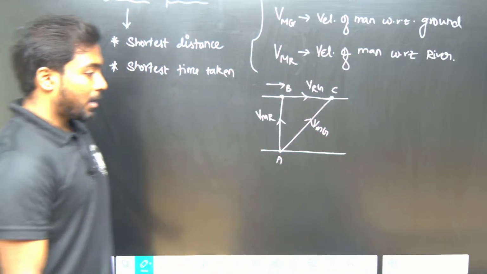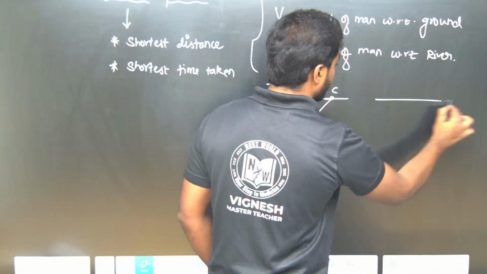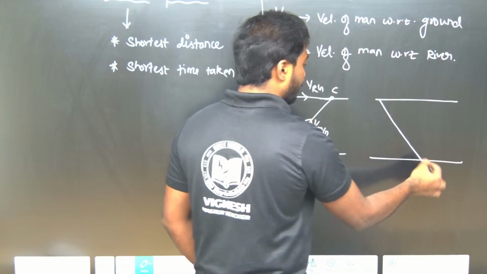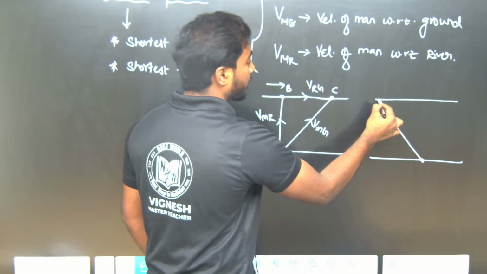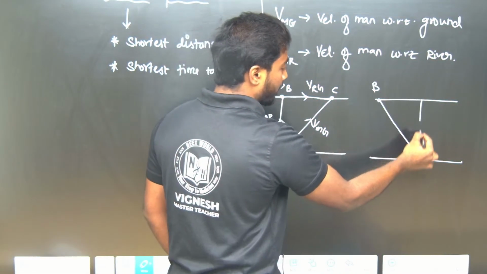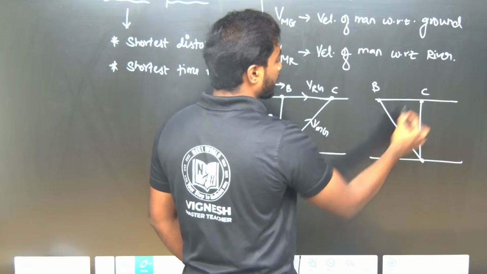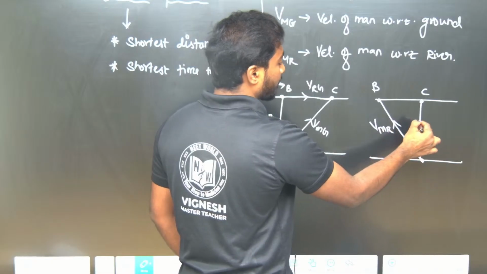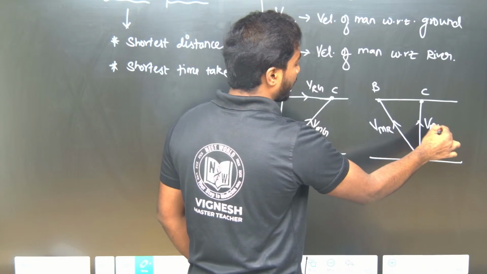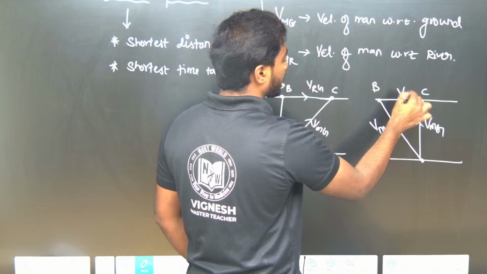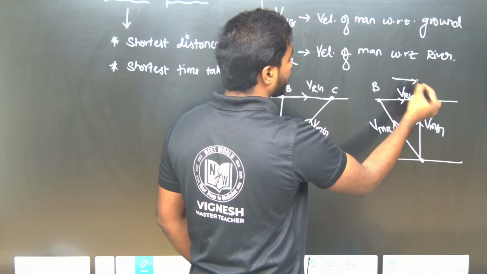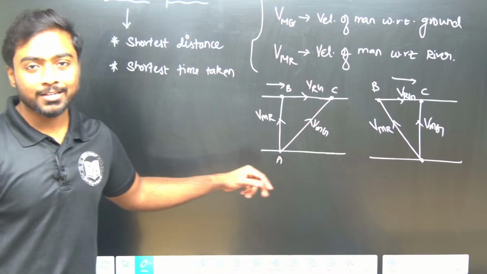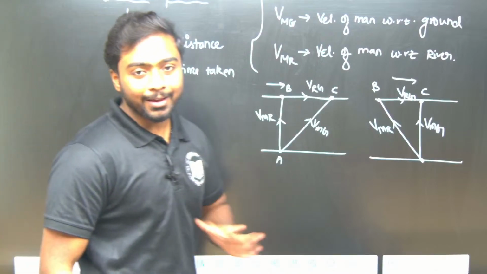Another condition: if I start from point A towards point B, I will end up at point C. So I can have two possibilities.